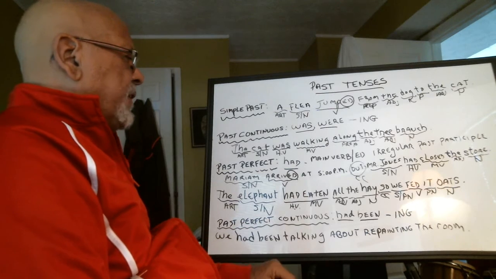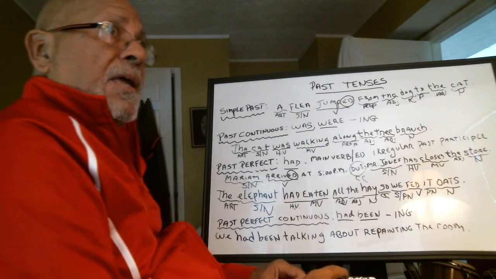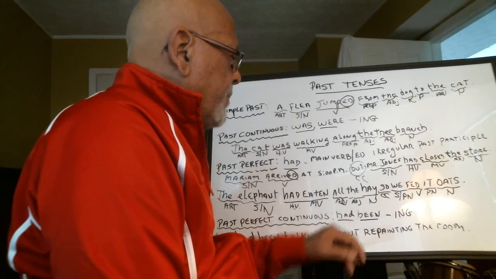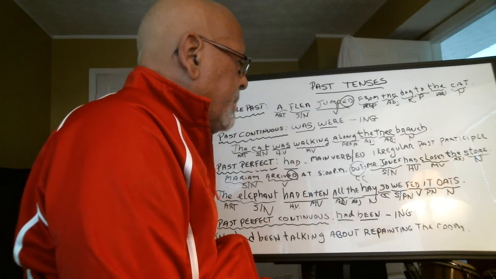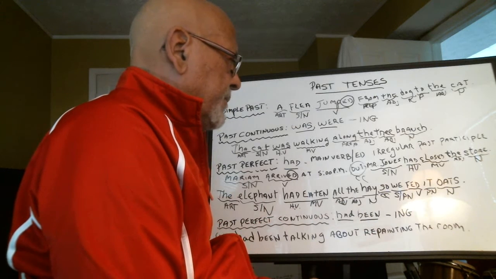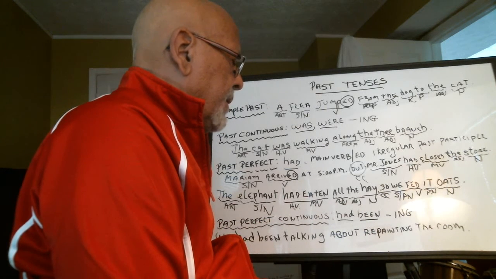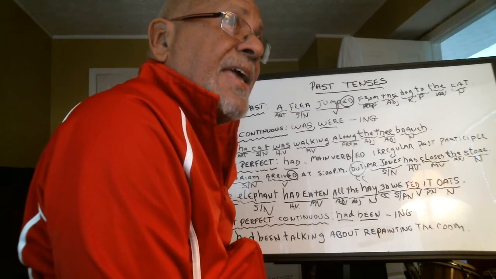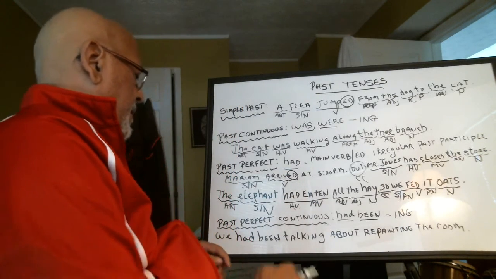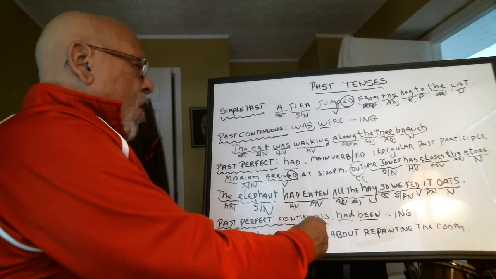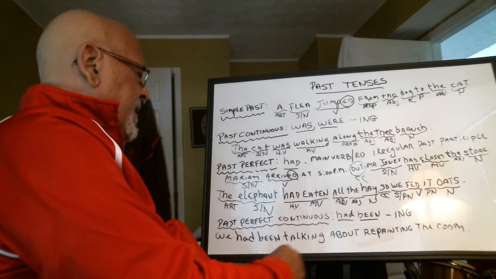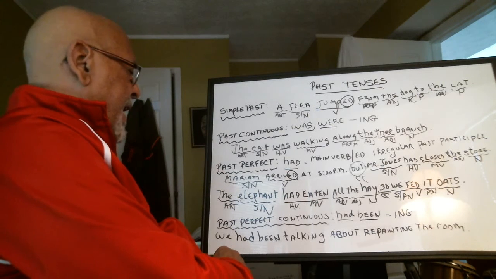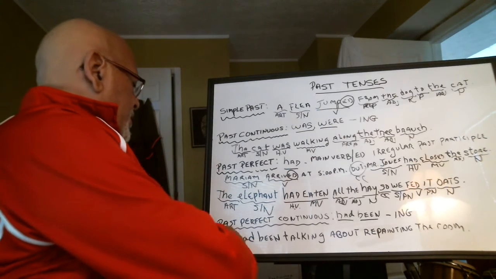The past perfect continuous. As we studied last lesson, the helping verb will be had been. The main verb is going to end in ing. We had been talking about repainting the room.